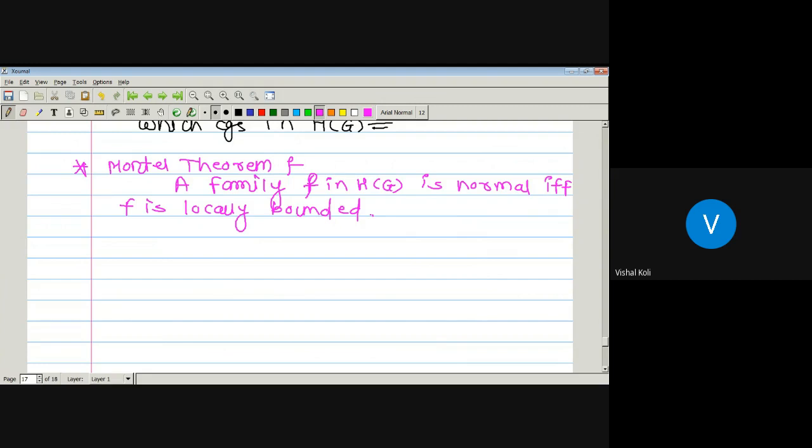Now there is one more theorem, which is nothing but the Weierstrass factorization theorem. See its statement.